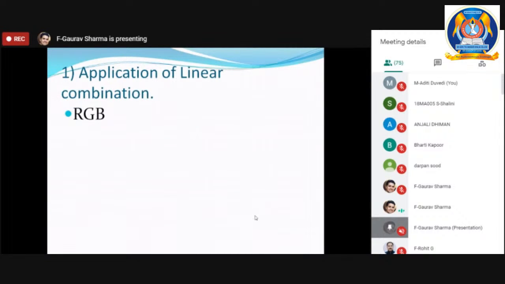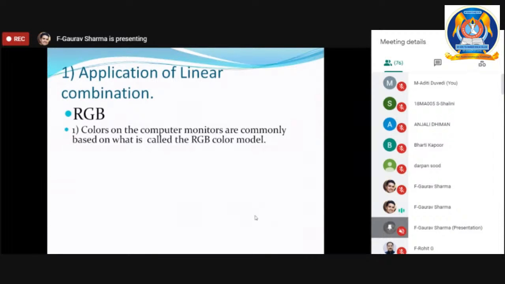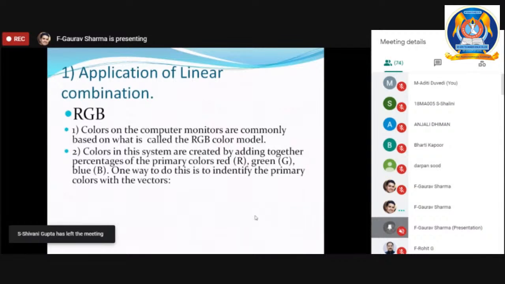This is the RGB. Do you know what RGB is? It is the combination of red, green, blue. So colors on computer monitors are commonly based on what is called the RGB color model. Colors in these systems are created by adding together percentages of primary colors like red, green, and blue.